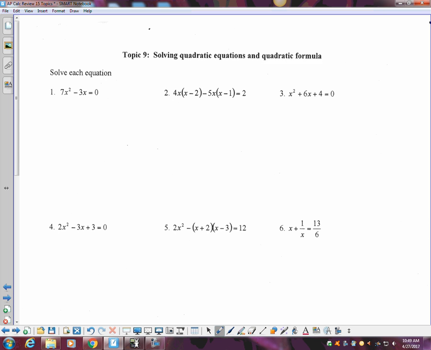Number 6, I would go big parentheses. What's your common denominator? 6x. Now watch. Multiply 6x squared. X's cancel. 6, 6's cancel. 13x. You see how you can do that to make the fractions go away? Now, he's out of order. Get him back in order and set him equal to 0 and solve him. But that makes it non-fractiony.